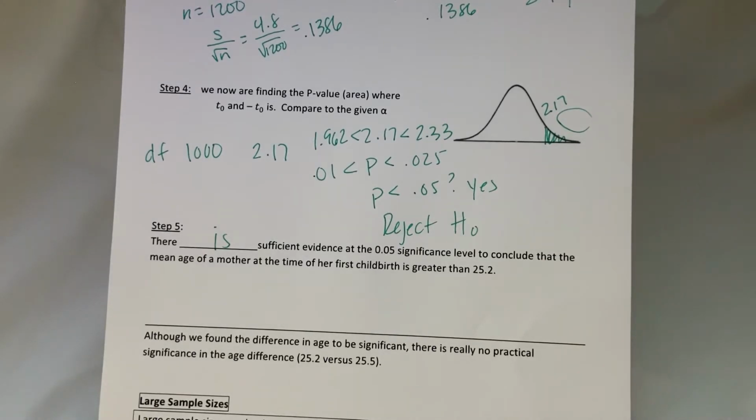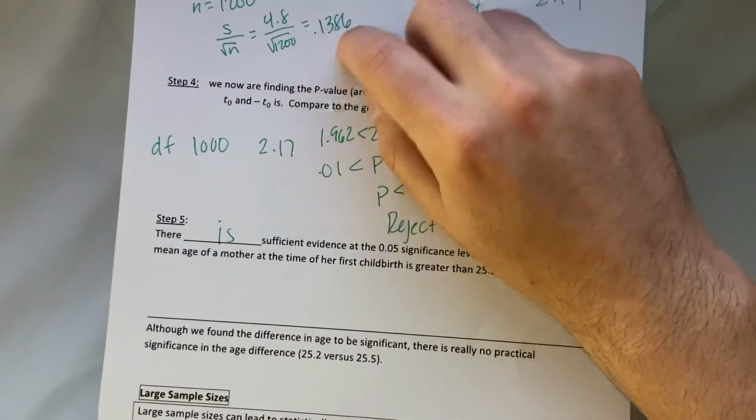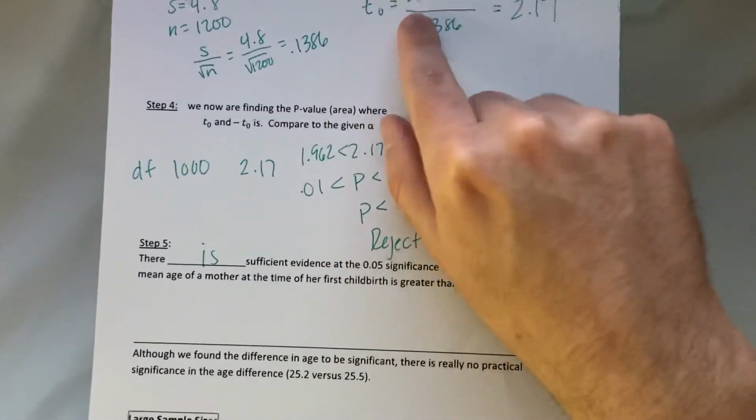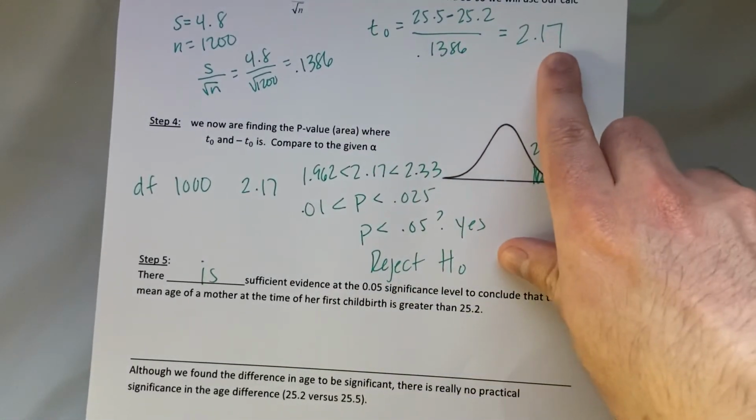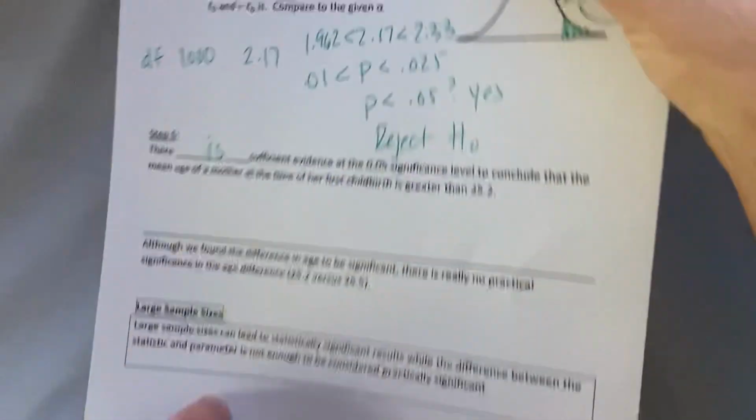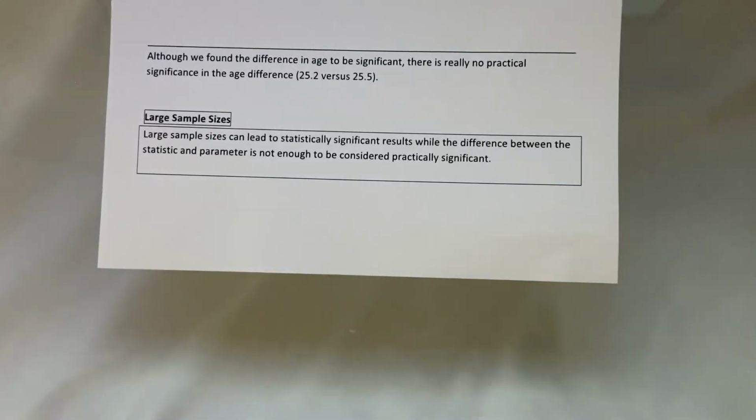The result of that is our standard deviation for our sample ends up really, really small. Small enough that 0.3 of a year was enough to get a t-score of over 2. So this is why large samples can sometimes create this problem where statistically significant results aren't actually practically significant.